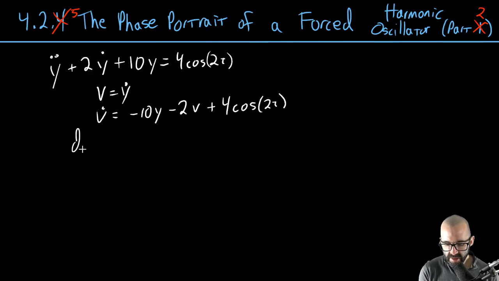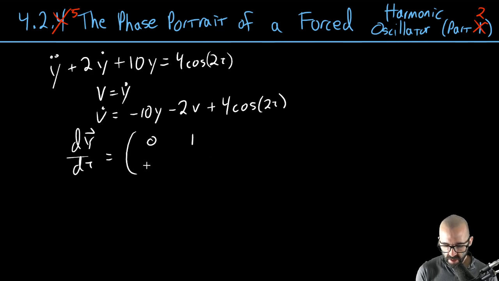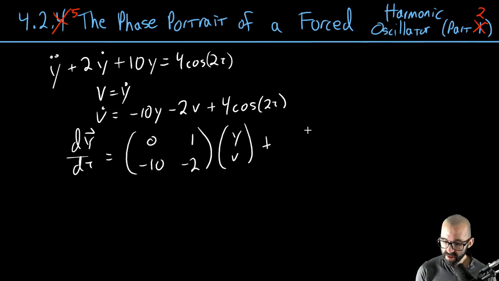And we can rewrite this as dy/dt is equal to some matrix, which is going to be very similar: 0, 1, right, because y dot is just v, negative 10, negative 2, times y and v, plus, right, now there's a part that's not like a linear coefficient for y and v.